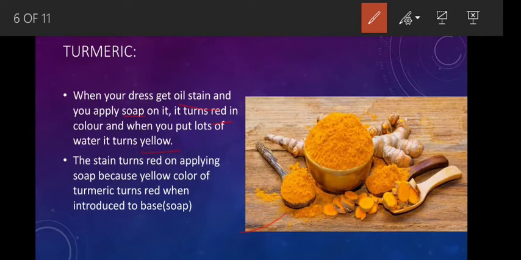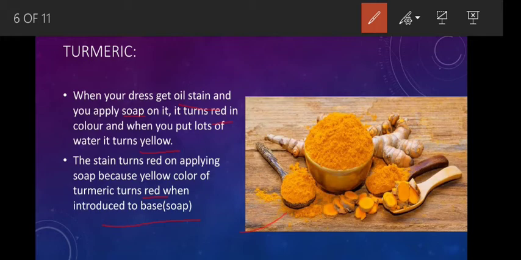It becomes yellow again. So what do you find out here? You find out that the yellow color of turmeric changes into red when you introduce it to a base, but when it is in acidic solution, it is as it is.